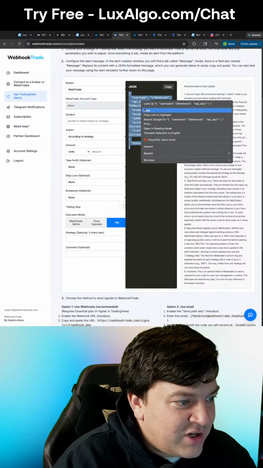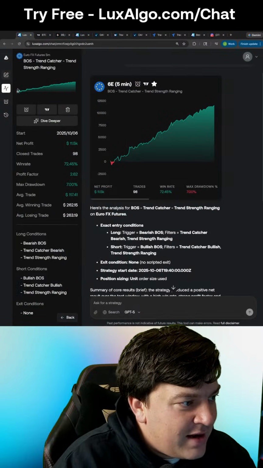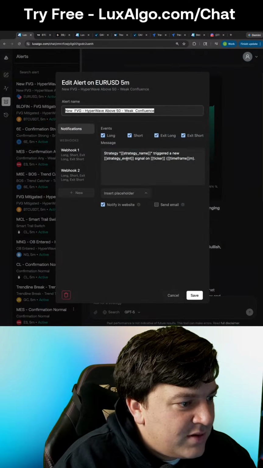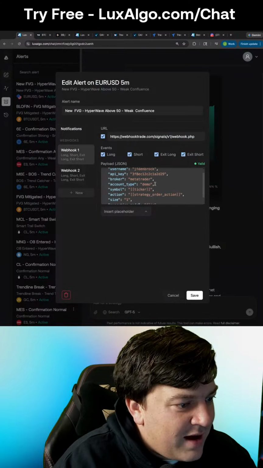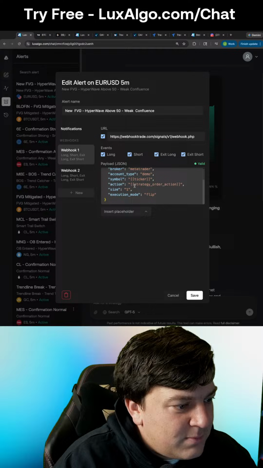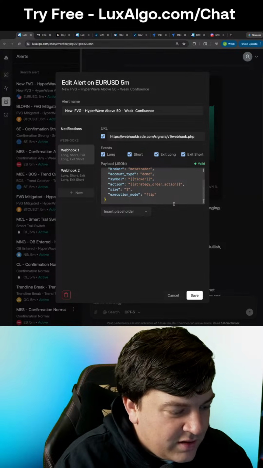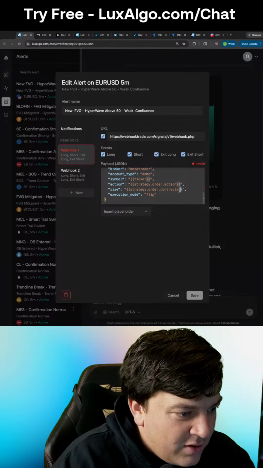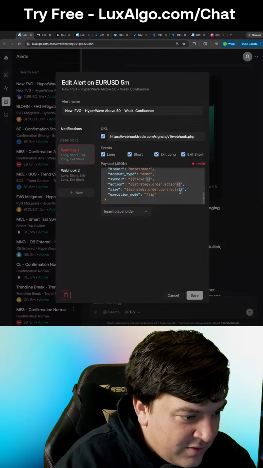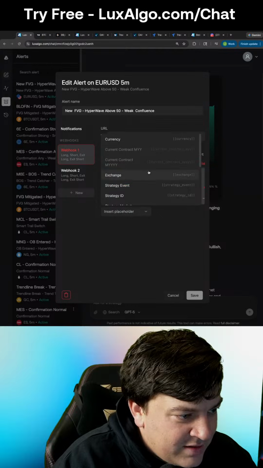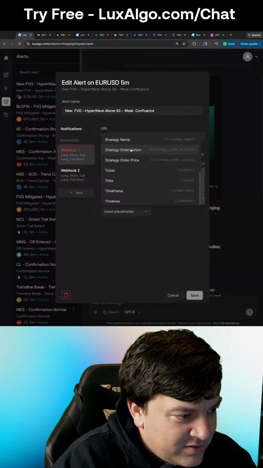Very simple JSON payload. So when you enter that into an alert to trade on your MT5, you have to switch out the brackets. It's the only thing. So you'll notice here, the default gives you these brackets. All you do is highlight this, strategy order contracts, go into insert placeholder and replace that with this strategy.